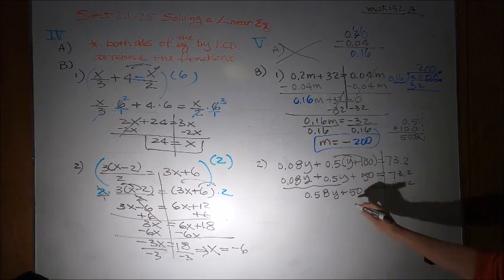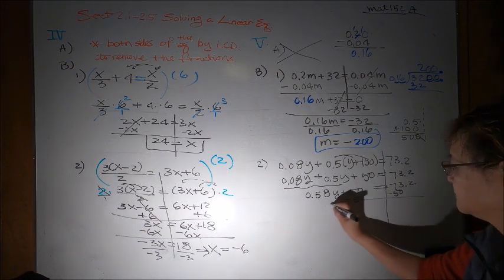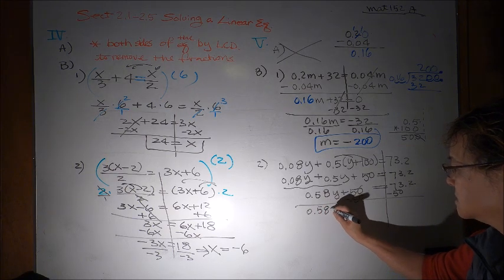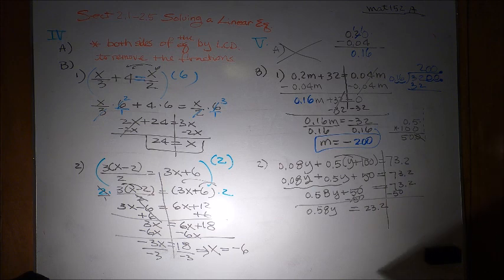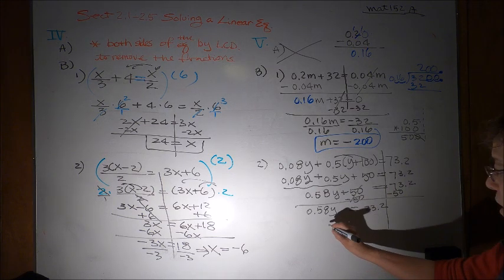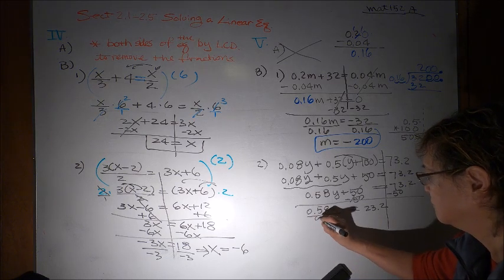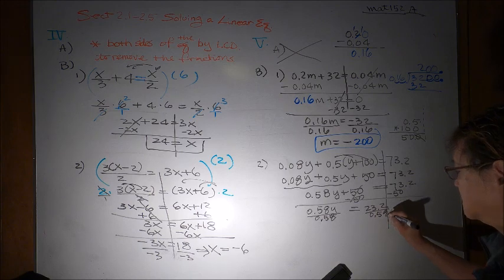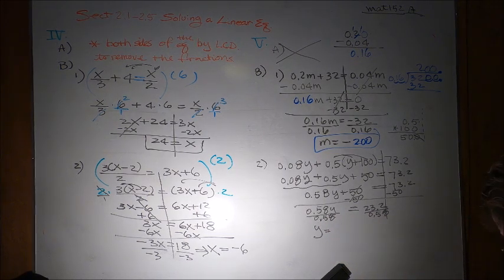Then we move the number away by subtracting. So what do we have? 0.58y equals 23.2. Then what's your y? You divide, right? By 0.58. So that's your y. How do we divide this?